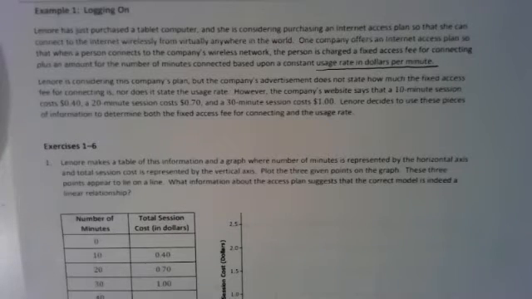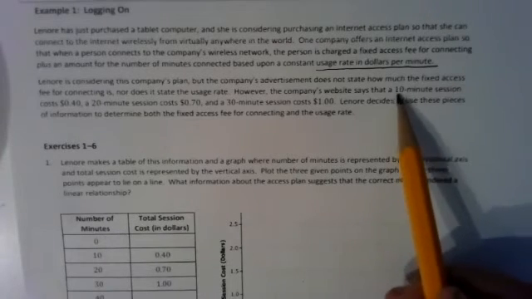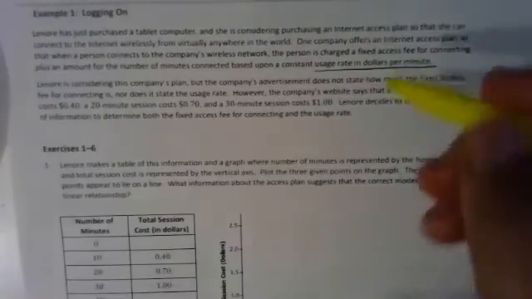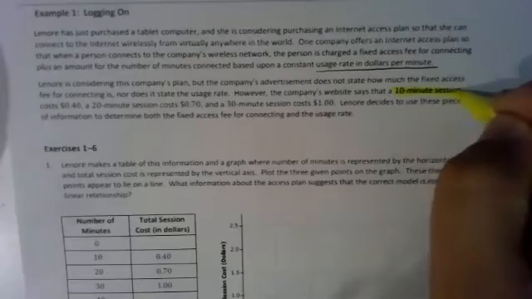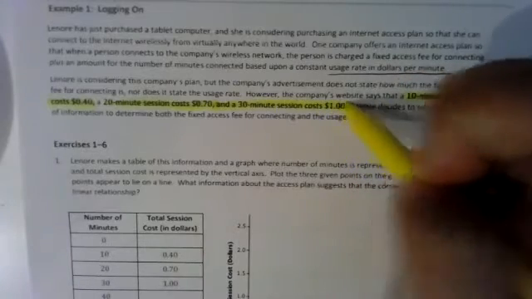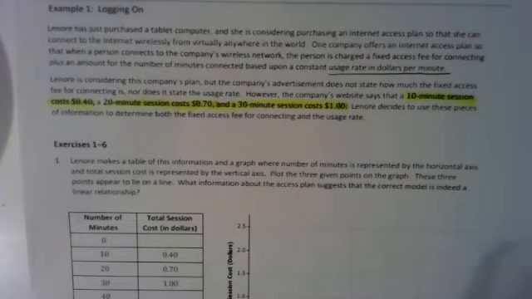However, the company's website says that a 10-minute session costs 40 cents, a 20-minute session costs 70 cents, and a 30-minute session costs $1. Lenore decides to use these pieces of information to determine both the fixed access fee for connecting and the usage rate.